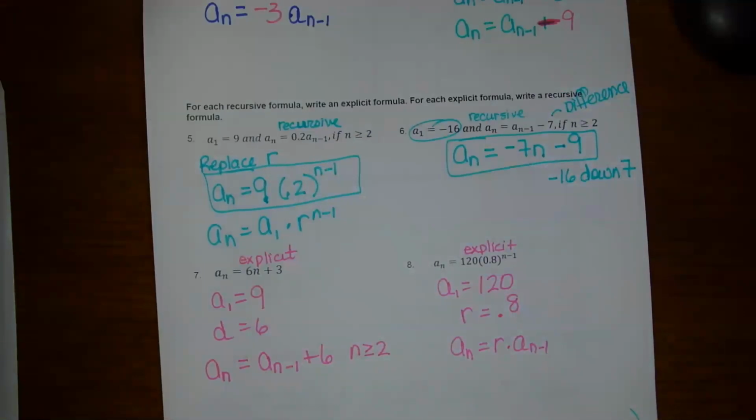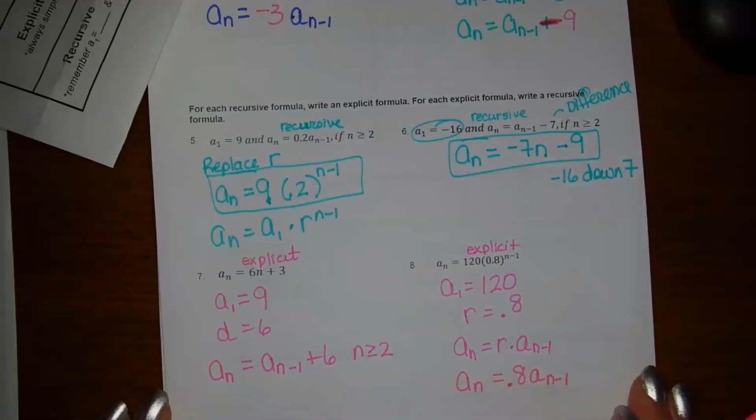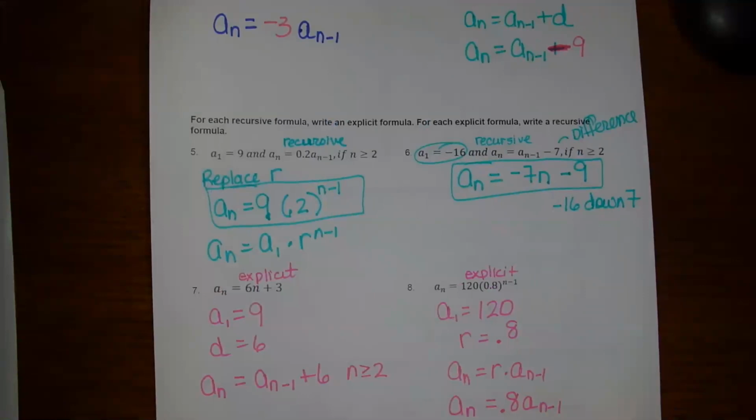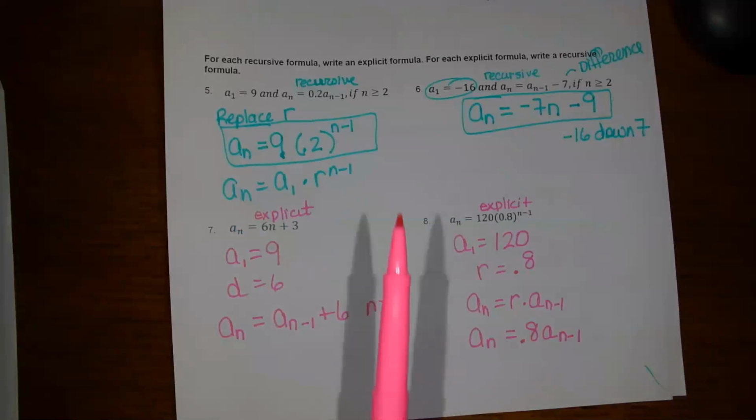So all I do is replace the R. Here we replace the D, here we replace the R. So let's kind of review what our steps are. If I'm given explicit and I want to write it as a recursive, I replace the D and I replace the R and I'm finished. Okay, not too bad.